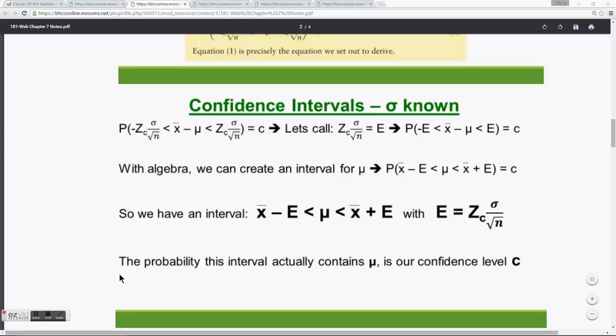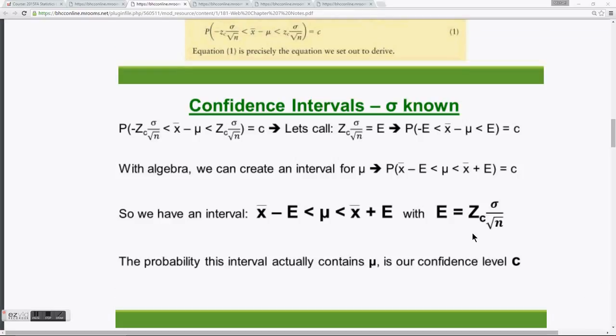We will see in a few examples how to use this formula and how the interval is created. But the main factor here is that we're considering the standard normal curve and z critical values.